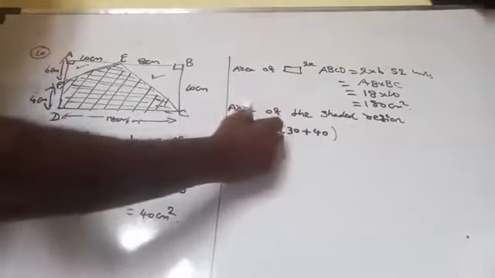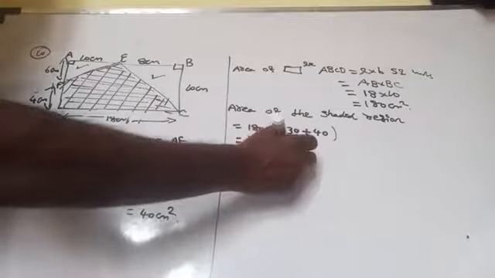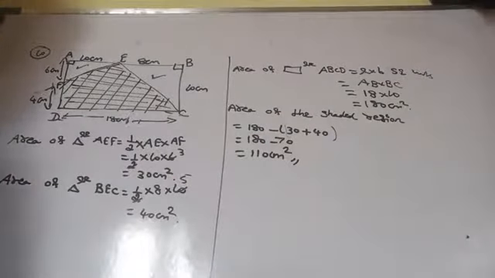So it gives 180 minus 70, since 30 plus 40 is 70. So 180 minus 70 is 110 centimeter square, which is the area of the shaded region.